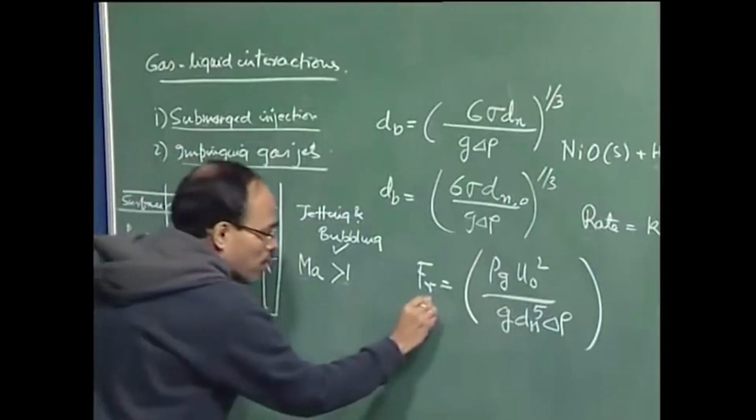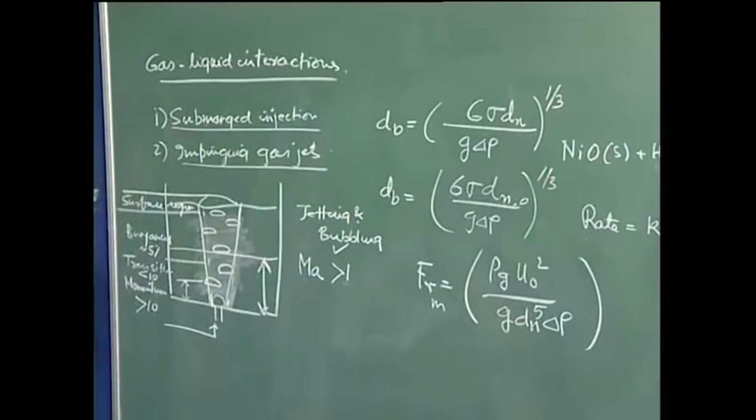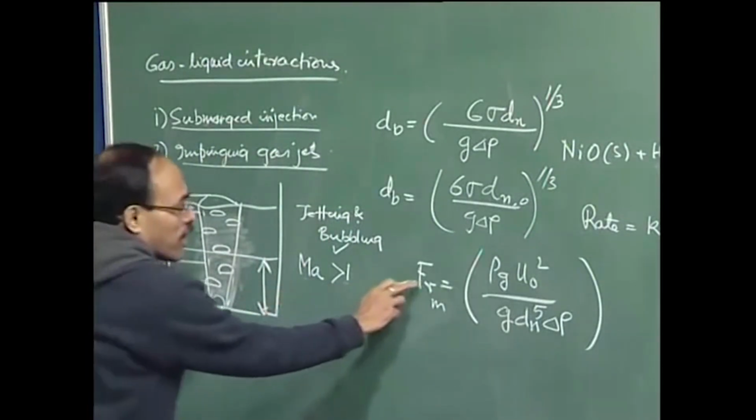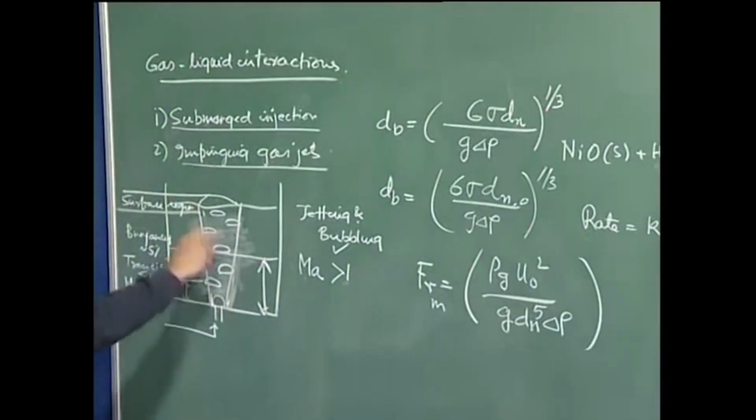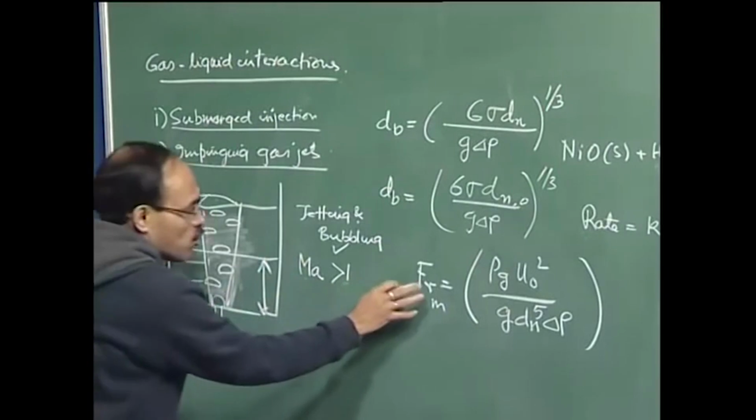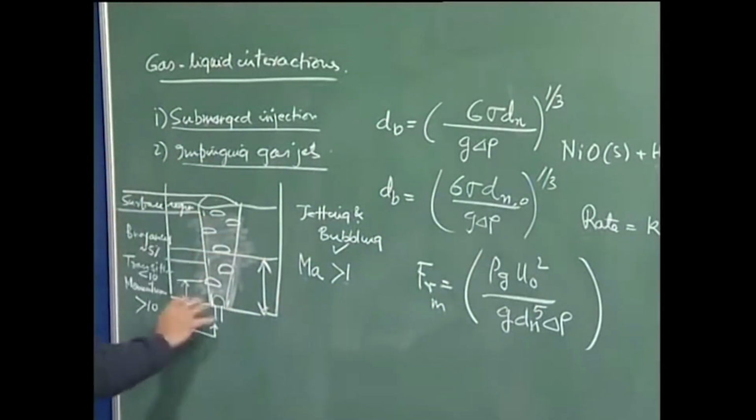This Froude number is the ratio of inertial to buoyancy force, and it is a very important number for finding out the characteristics of the particular system. So the modified Froude number is used to determine the state of the system when submerged gas injection is used.